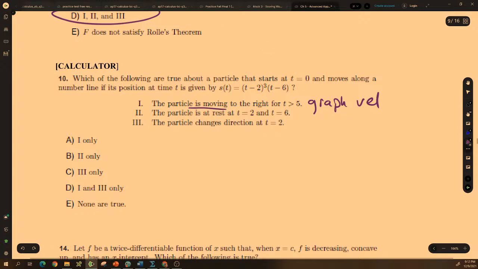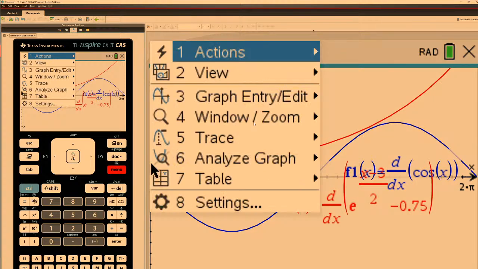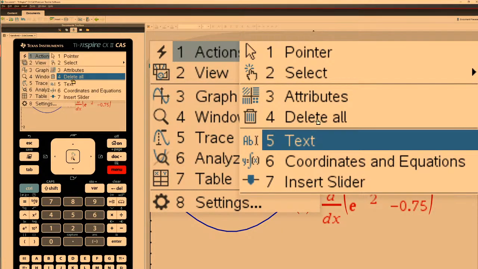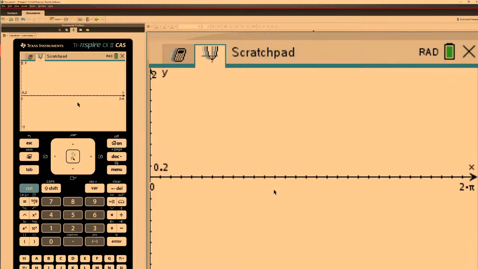So let's come back to our graphing calculator, go to actions. Let's go to delete all. And then I don't know what to make my zoom. I could go to the standard zoom, but the question talked about time 0, saying it starts there.